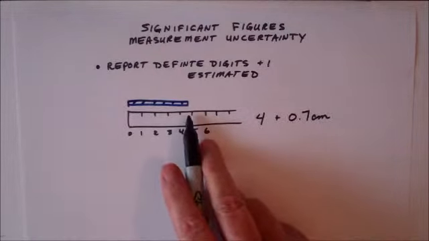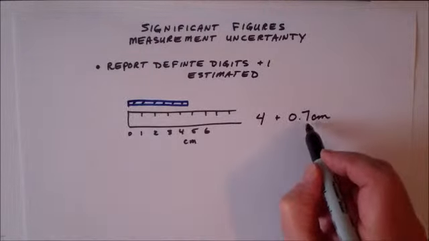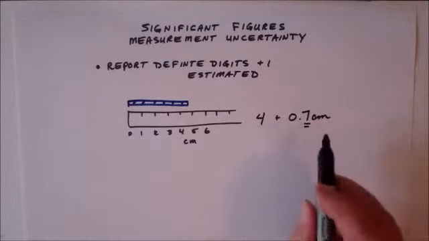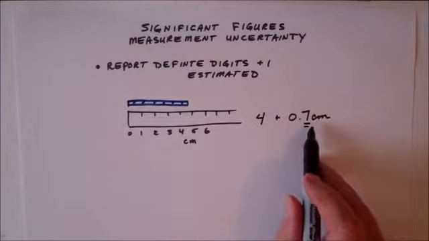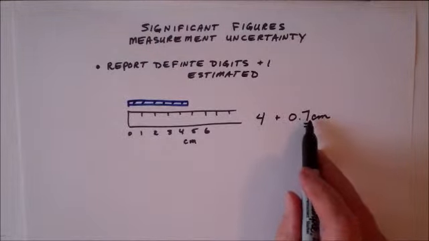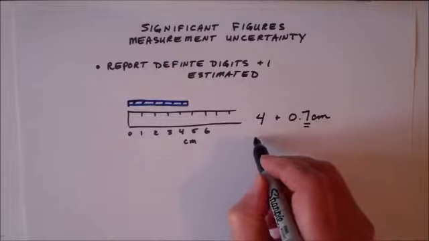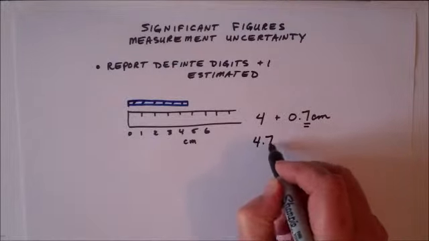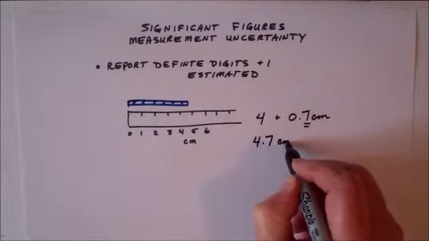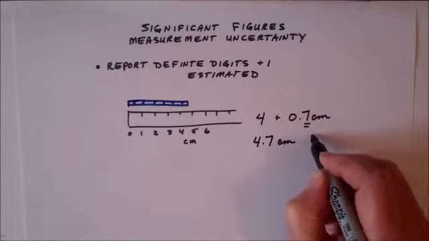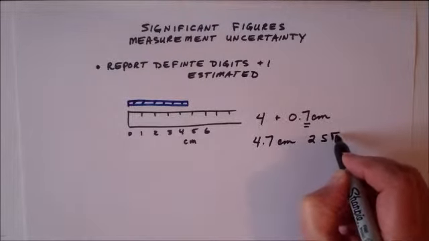Someone might estimate it to be 6 or maybe even 8. So you can see that typically we'll have plus or minus 1 or 2 in the estimated digits. So we would report this as 4.7 centimeters, which would have 2 significant figures.